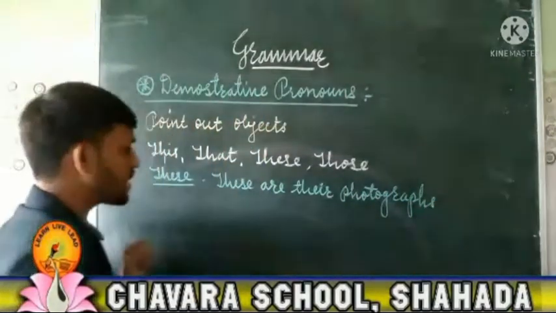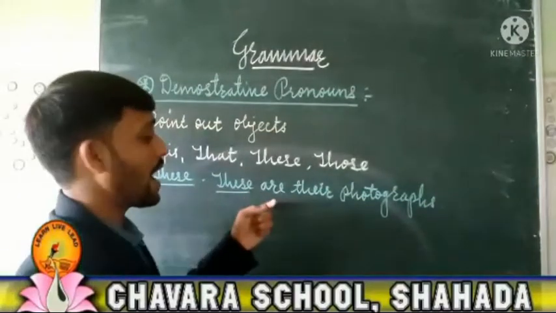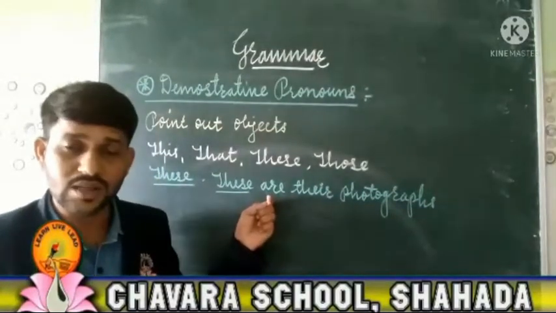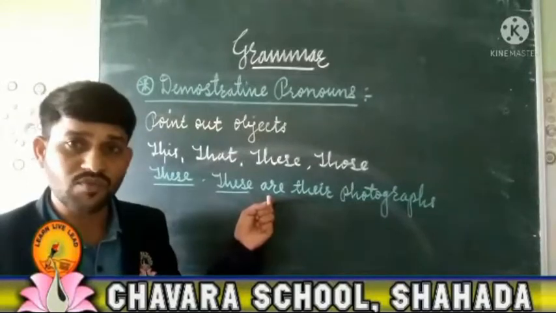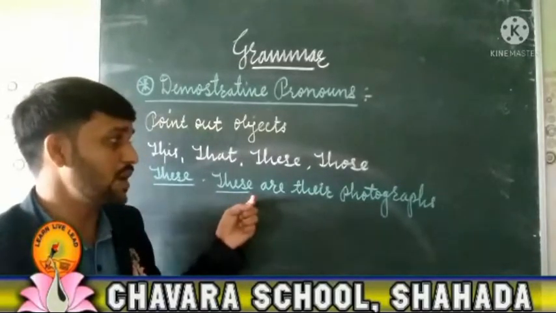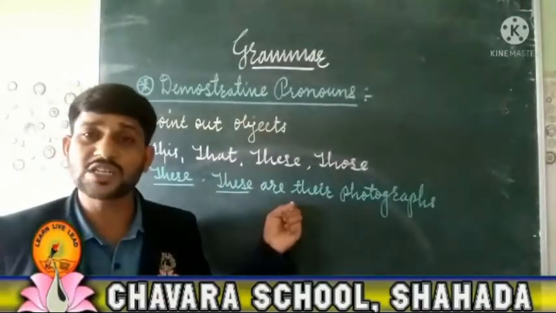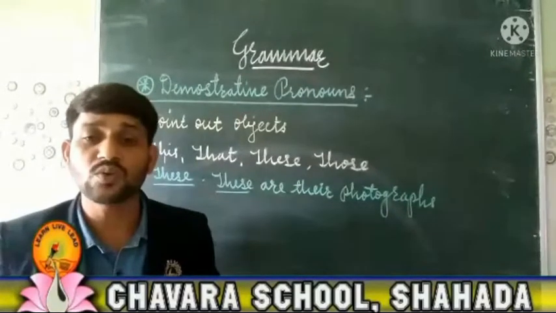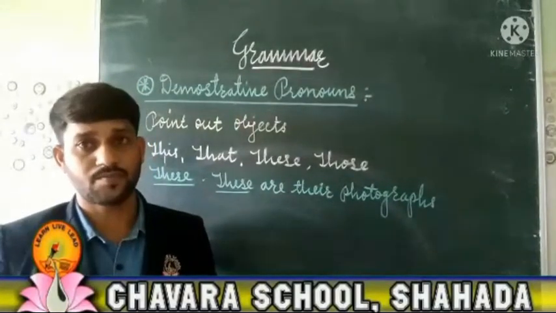In this sentence you can see these are plural. Objects are in plural form, so we use these, but those objects should be near to the speaker.